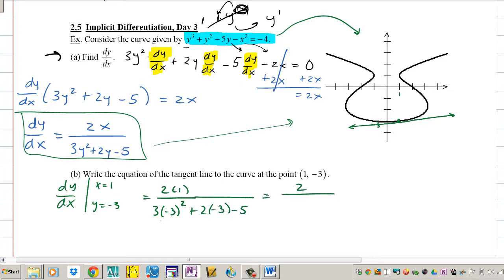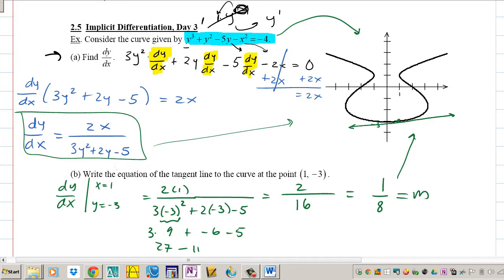That's 2 over 9 times 3, which is 27, plus negative 6 minus 5. So this is minus 11. 27 minus 11 is 16, and that is 1/8. It seems very reasonable that this looks like a slope of 1/8, a very slight inclination.